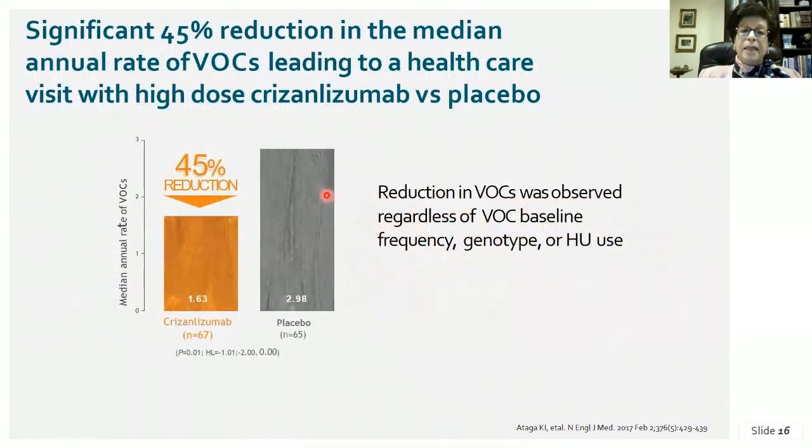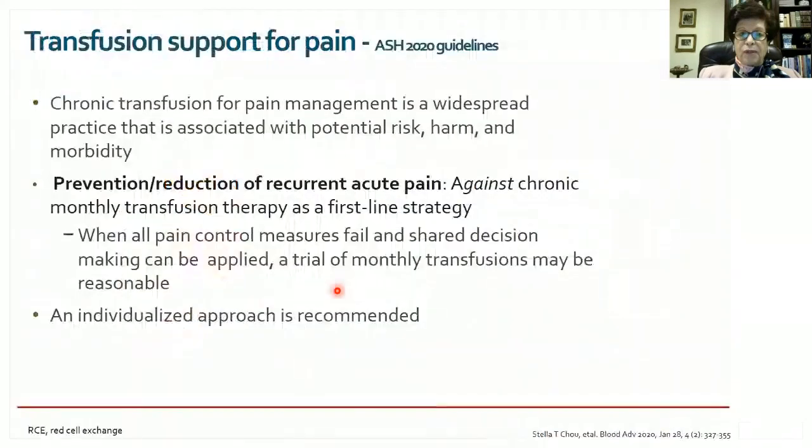As seen here, there was a significant 45% reduction in median annual rate of VOCs leading to healthcare visits with high-dose crizanlizumab compared to placebo. And again, that was regardless of VOC baseline frequency, genotype, or hydroxyurea use.